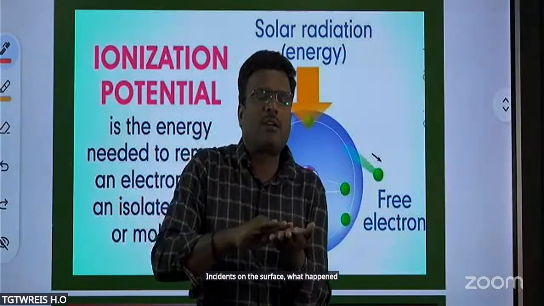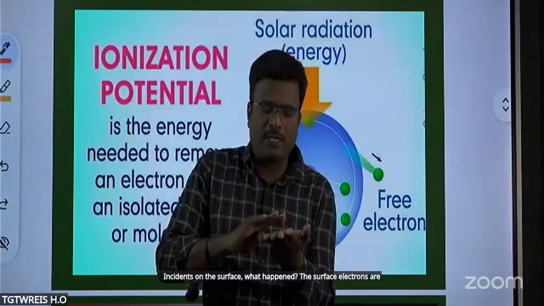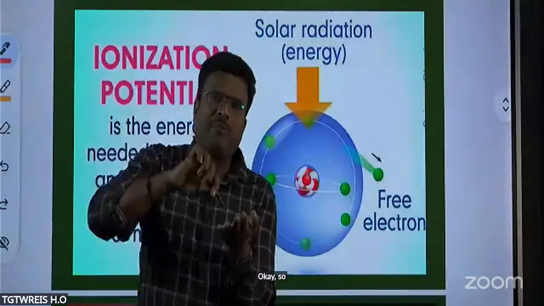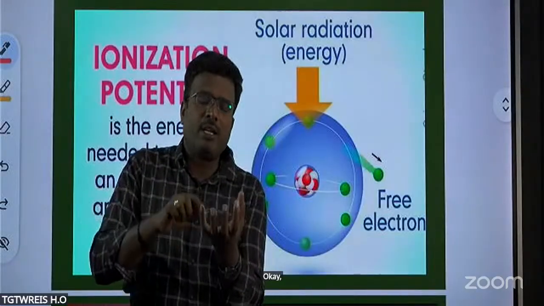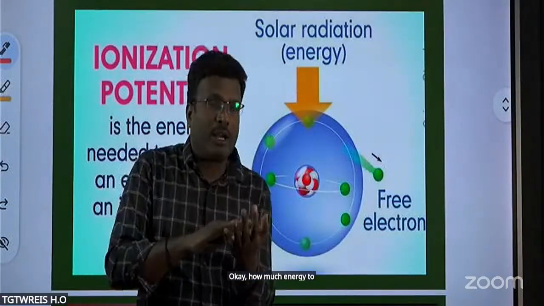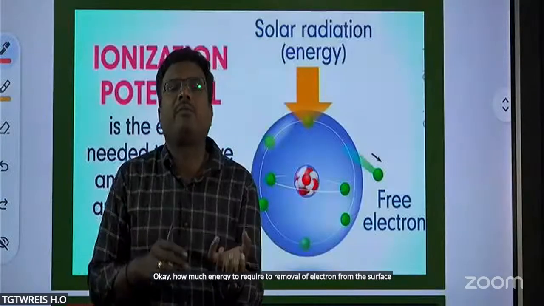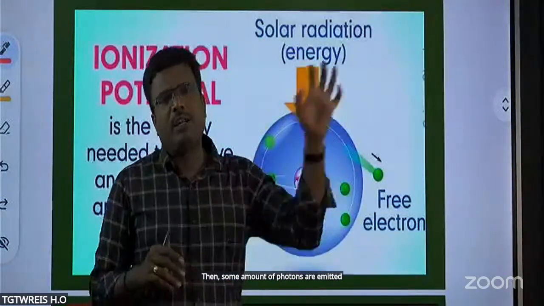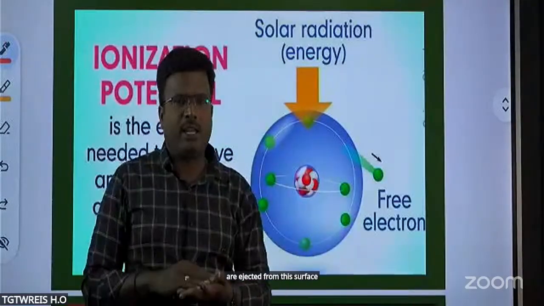The surface electrons are ejected from the metal. This is the incident frequency. The energy required to remove an electron from the surface is the threshold frequency. Then the ejected electrons carry some amount of kinetic energy, right?